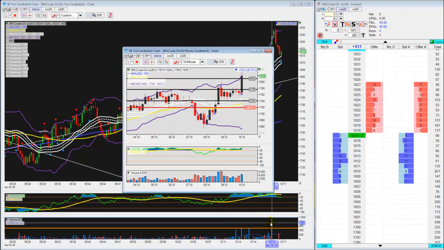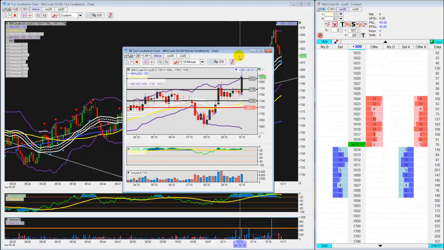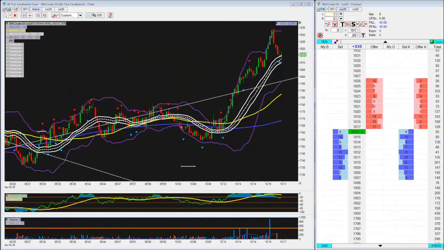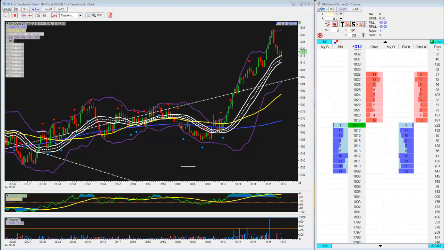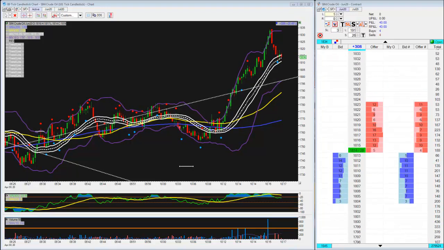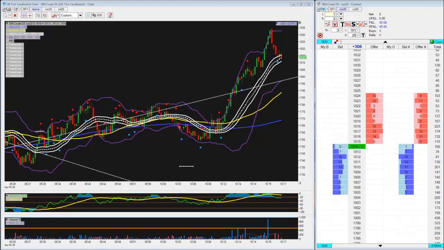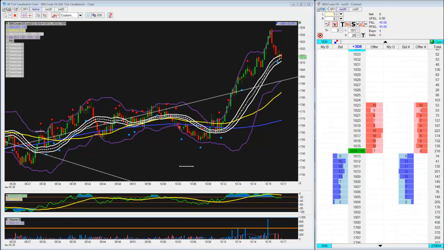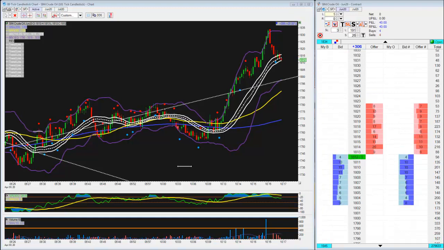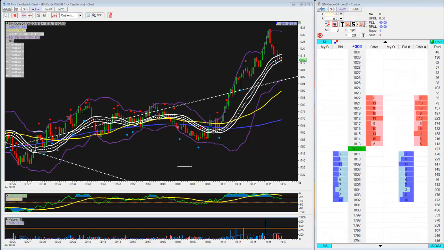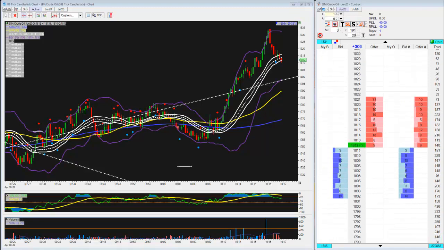Still not 1,000 volume, but it stopped running. Those are those targets we talked about before. 1795, upper envelope closing above it. I'd be looking at $20 a barrel here.